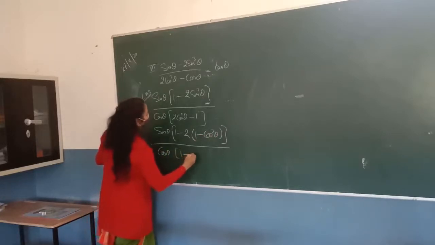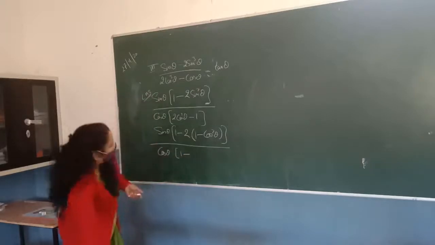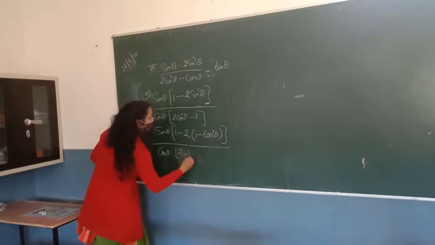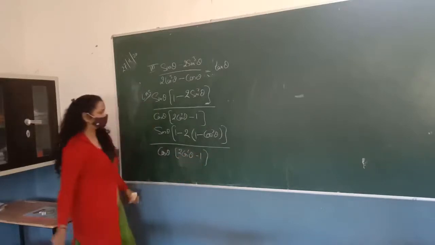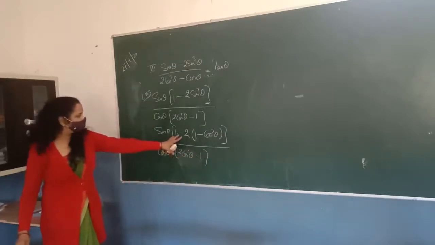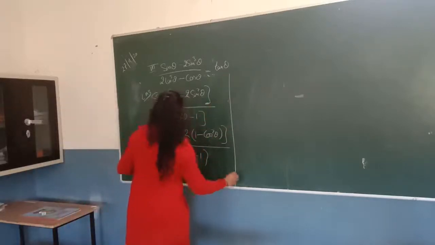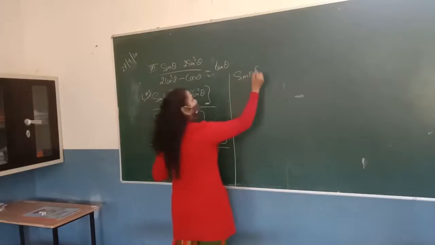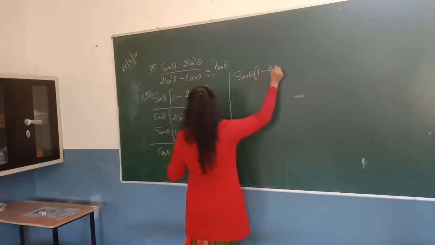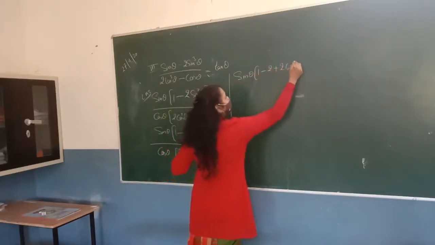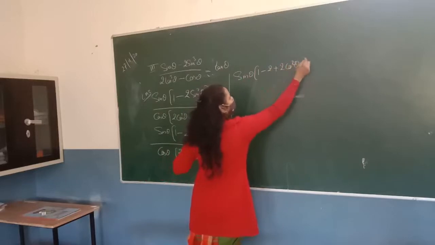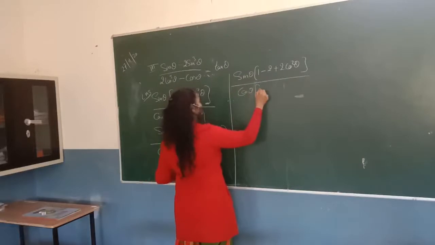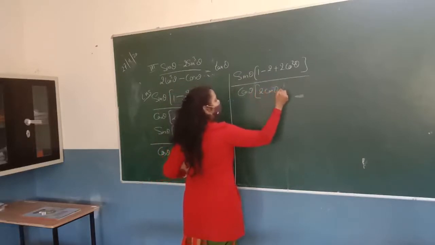1 minus 2 cos square theta minus 1. Okay. Now you can open this bracket. It will be sin theta within bracket 1 minus 2 plus 2 cos square theta, upon cos theta, 2 cos square theta minus 1.